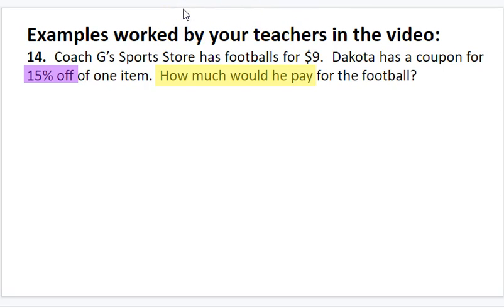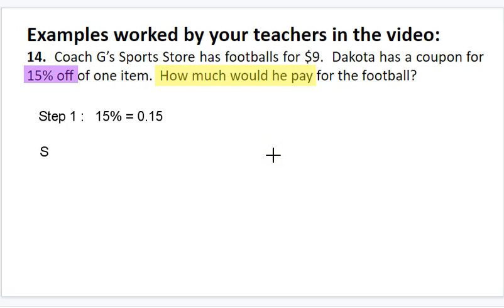Step 1, just like before, is to turn our percent into a decimal. So this time we have 15%. So 15% into a decimal is 0.15. Okay, so it's always going to be step 1 for these type problems.